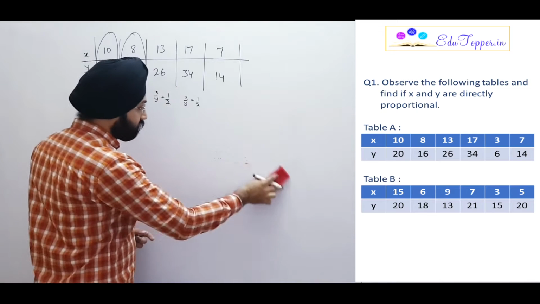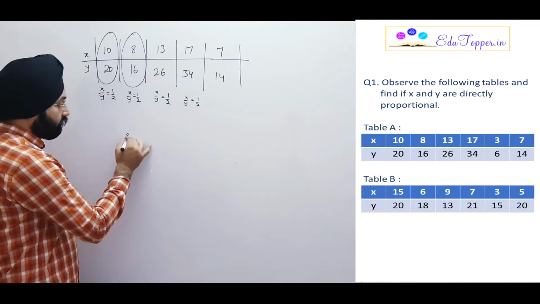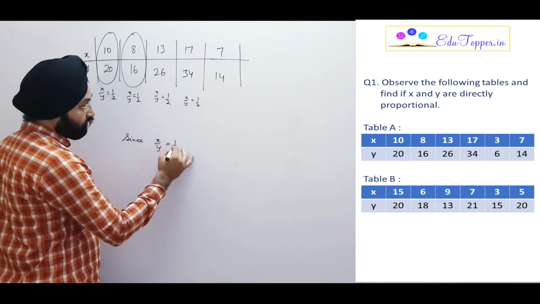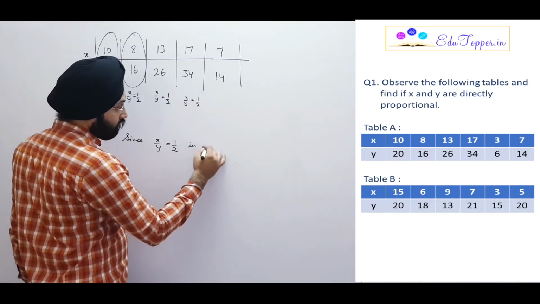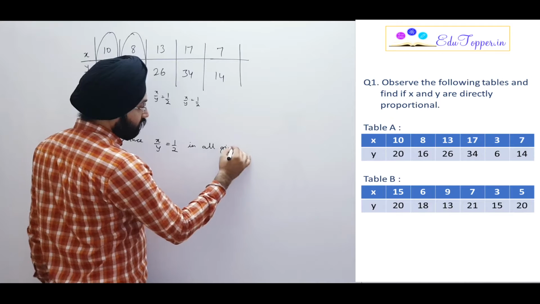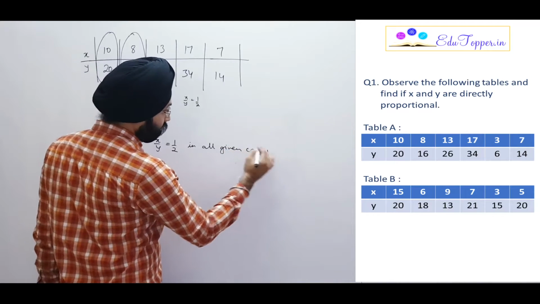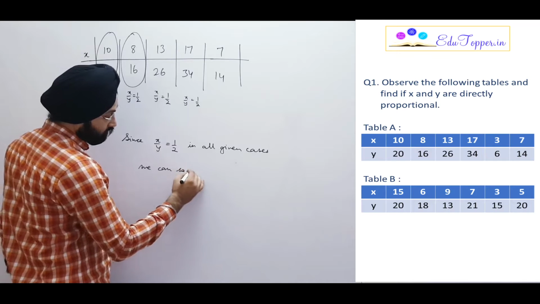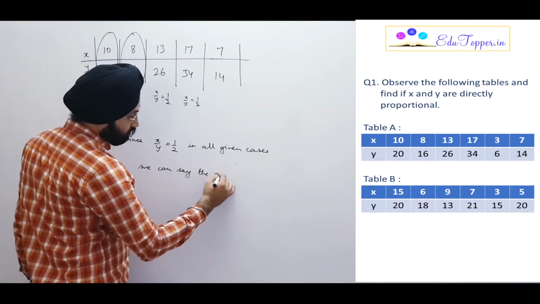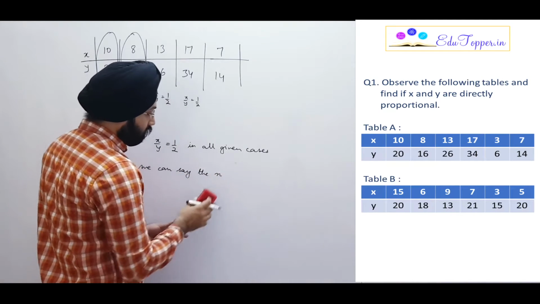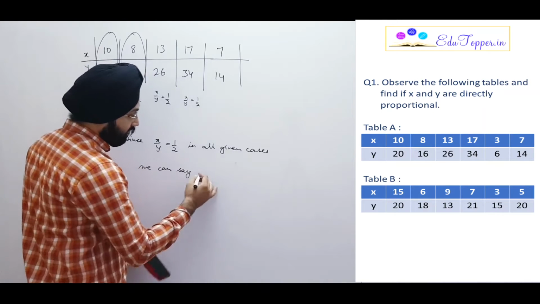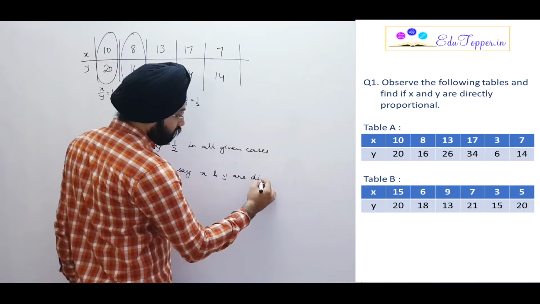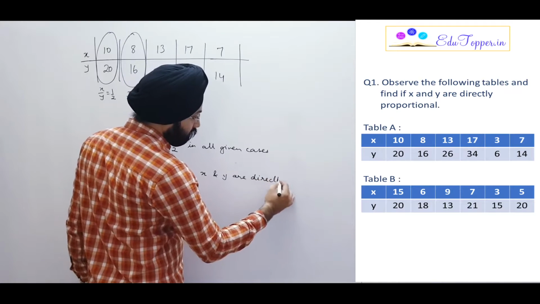Now, since x by y is equal to 1 by 2 in all given cases, we can say that x and y are directly proportional.